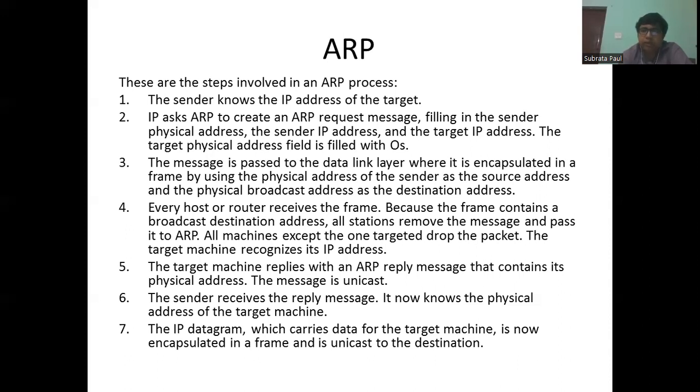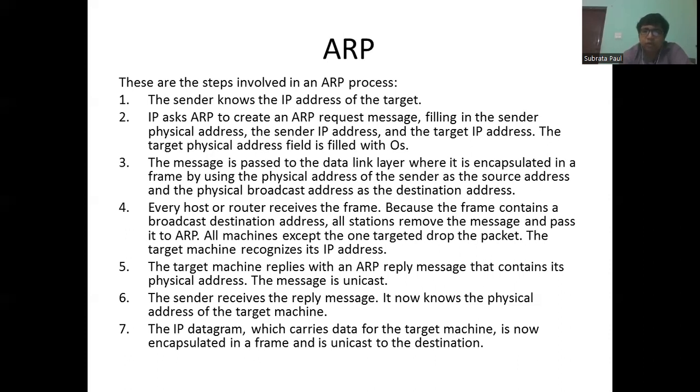Now, what will the target machine do? It will send its physical address, and this is sent directly to the sender machine. Therefore, the reply need not be broadcasted. It is just a unicast message, and the sender receives the reply message from the receiver.